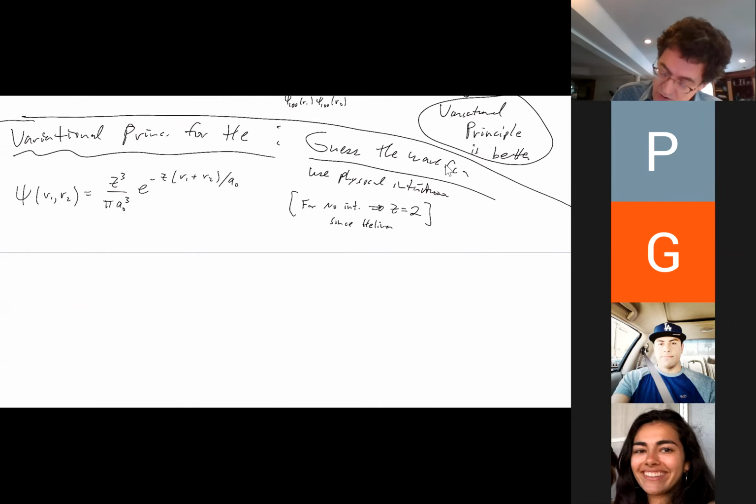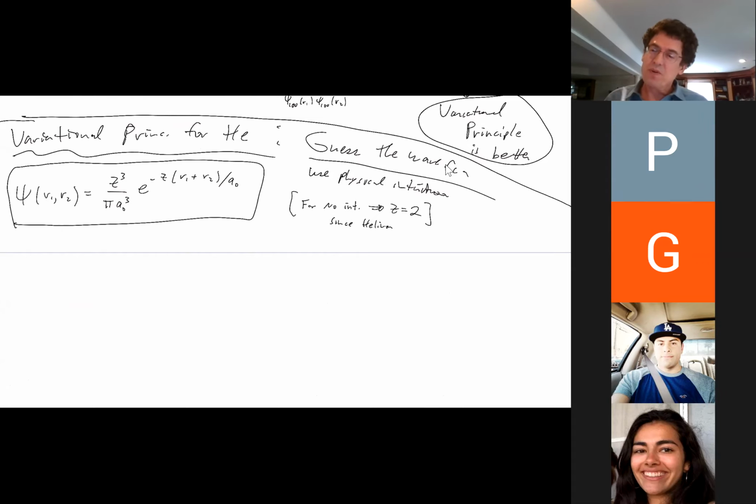But what we're doing now is staring at this wave function, and asking ourselves, for the variational principle, we need a wave function that has a variable.